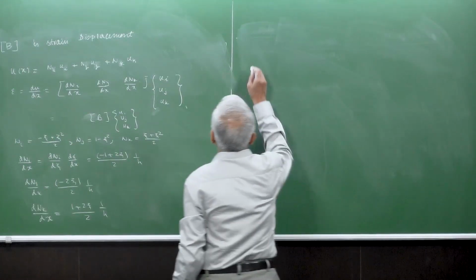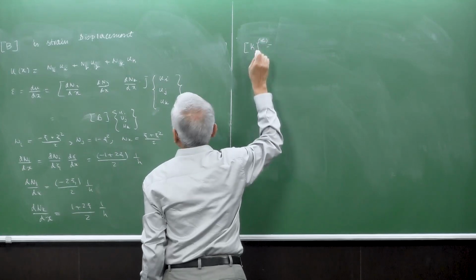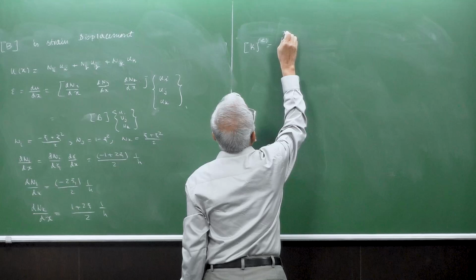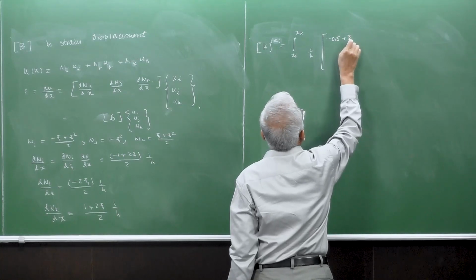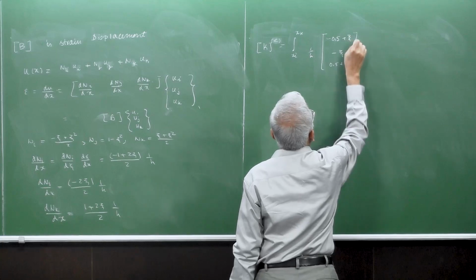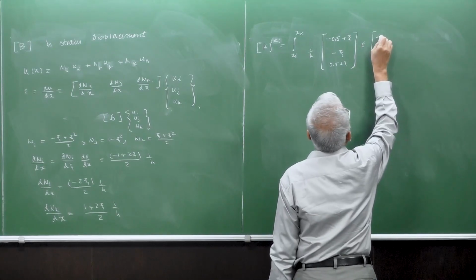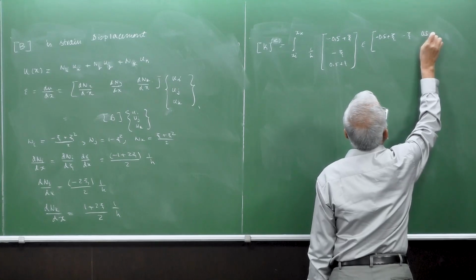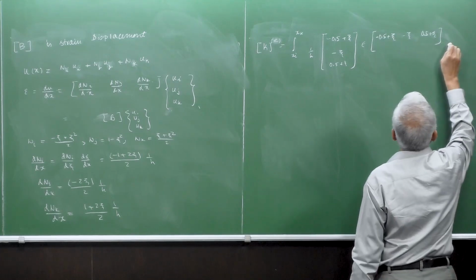Okay, so the k matrix of the element is nothing but the integration from xi to xk of B transpose E times B, times area, which is also there.